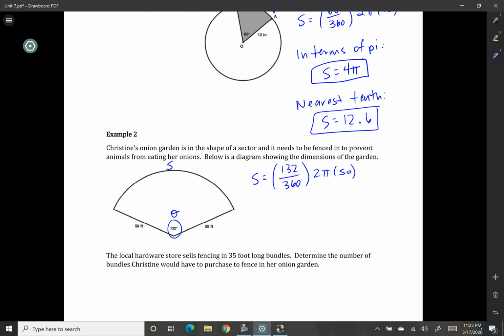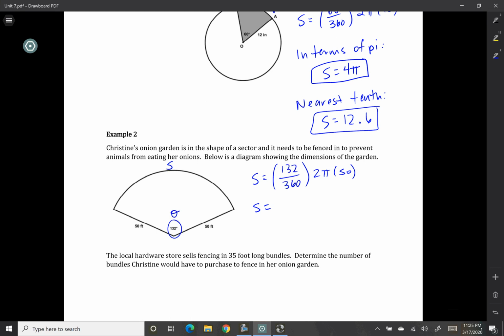Now again, this doesn't say in terms of pi, but if you think about it realistically, if you were building Christine's onion garden fence, you don't want to know the length of fence in terms of pi, you'd want to know it as a decimal, so you can figure out how much fencing you actually need to buy. So the length of S, we'll round to the nearest tenth here.